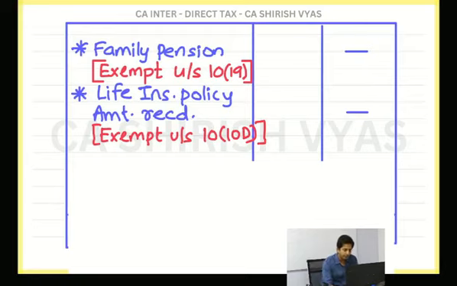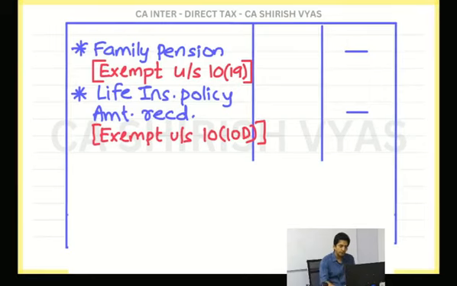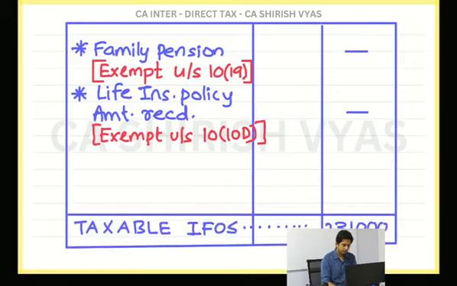Okay, then tell me, is there anything else remaining in the question? That's it, the question is over. Now what to do? Total up. Total up the outer column. So what is the total? 2,31,000.